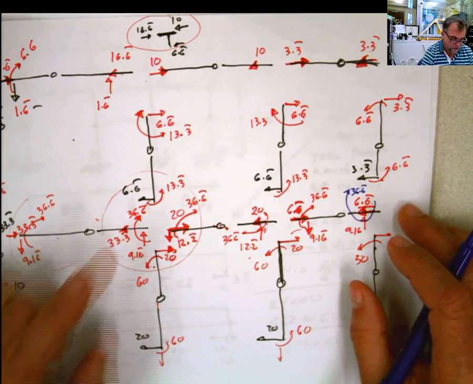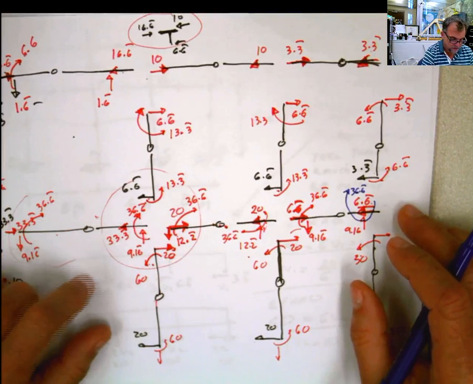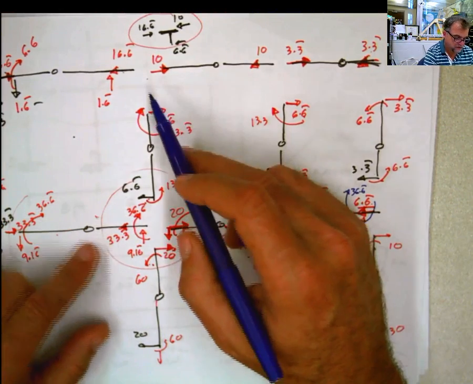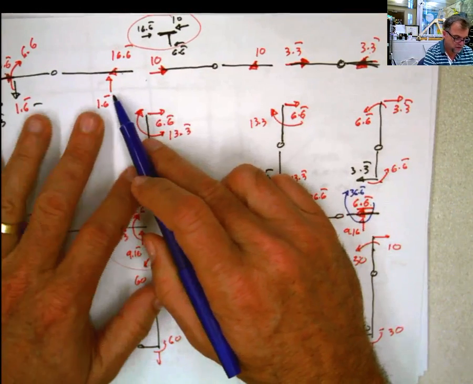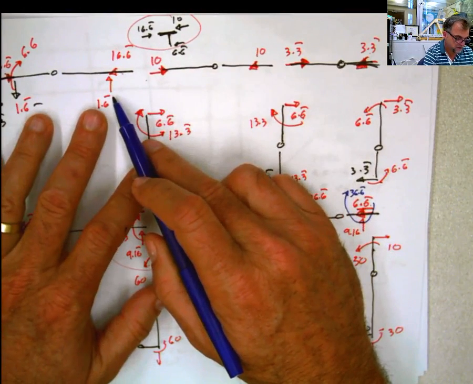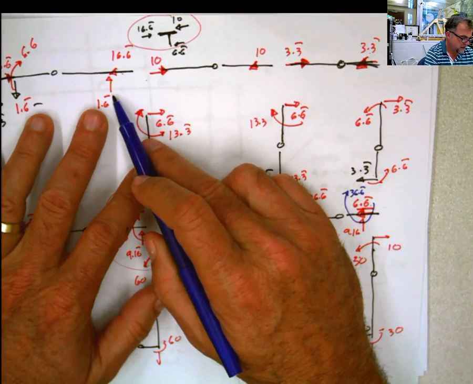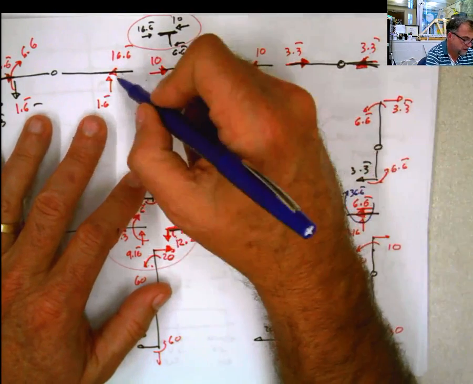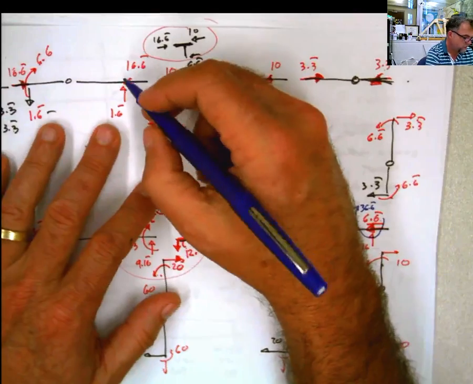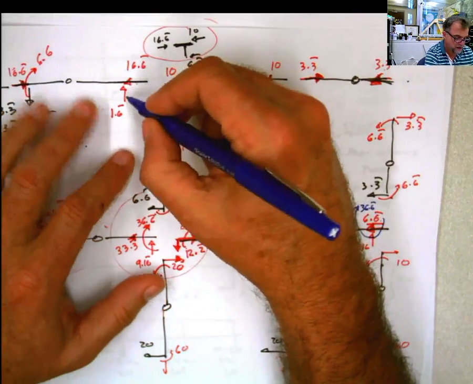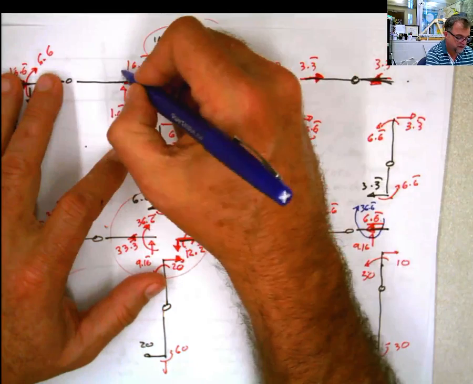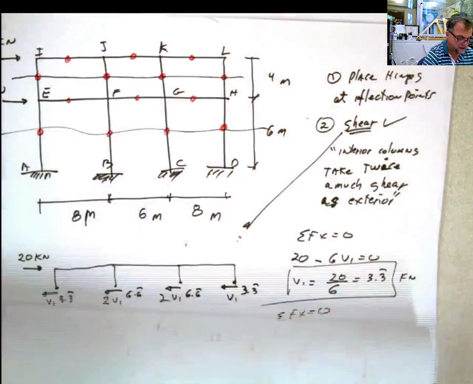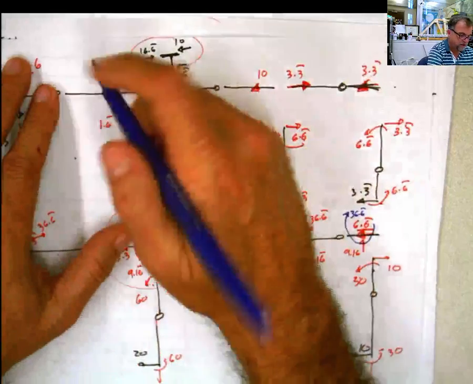How do you do that? I mean, you can start from this one here in this n. Is there any way that I can know how much is that? Well, if I know the moment, is there any way that I can know the moment here? Of course you can know the moment here. How much is the moment here? 1.6 multiplied by this distance. That distance is 4. 1.6 times 4.